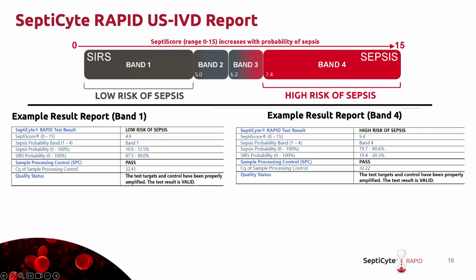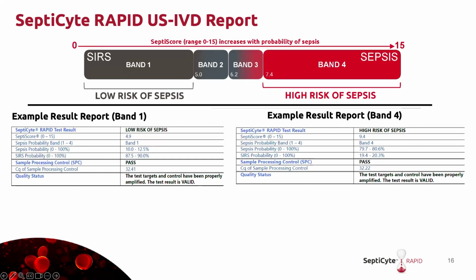As I mentioned earlier, Septicyte Rapid is reported as a score of 0 to 15 with 4 bands. Band 1 has a low risk, band 4 a high risk of sepsis. As an example of the reporting process, band 1 is reported as a low risk of sepsis, with a score of 4.9 in this case.